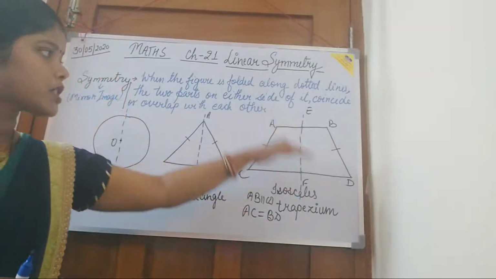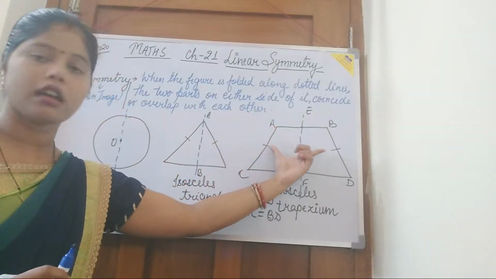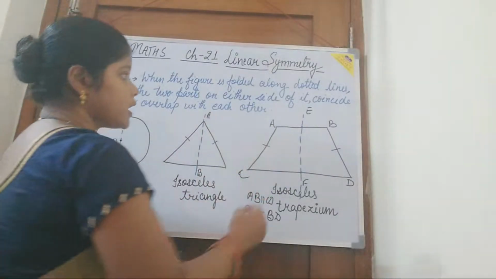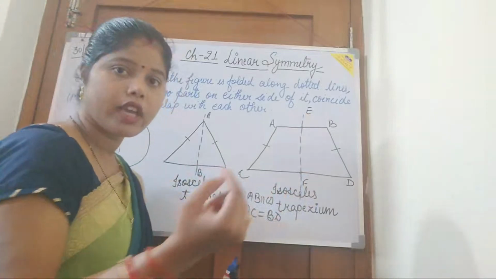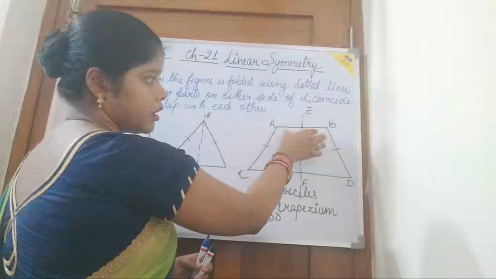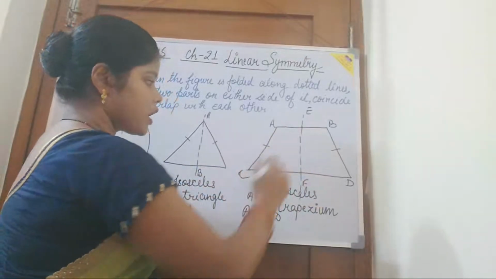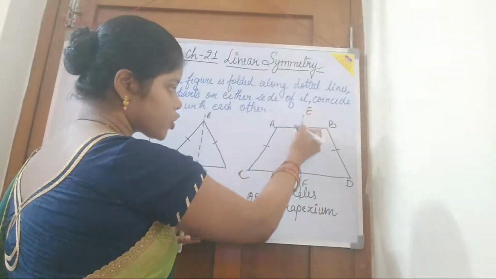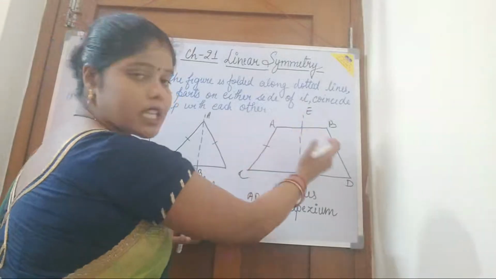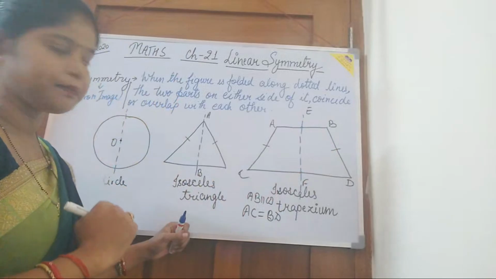Opposite sides are parallel and the opposite non-parallel sides are equal. When we draw the dotted line between the midpoints of the parallel sides, across its midpoint, it divides this trapezium into two identical parts.